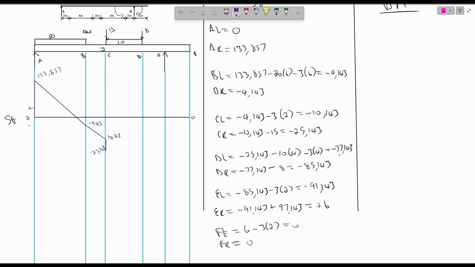Our D left 77. E right is 85.143. Our E left is 1991.